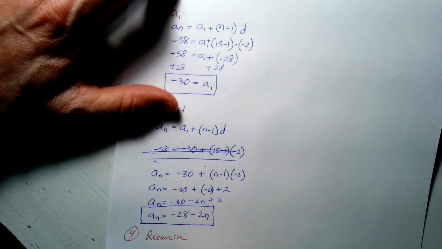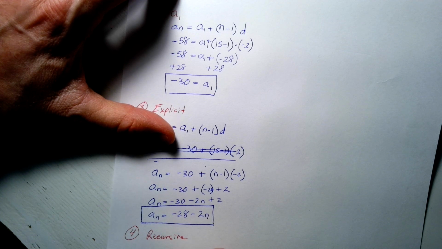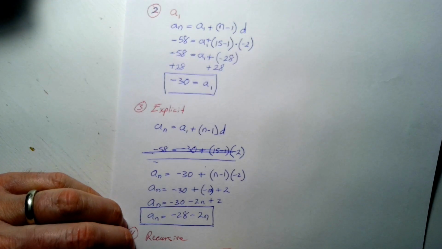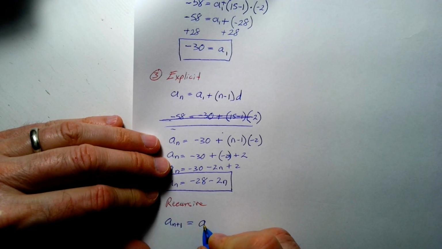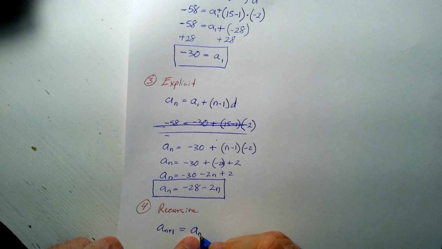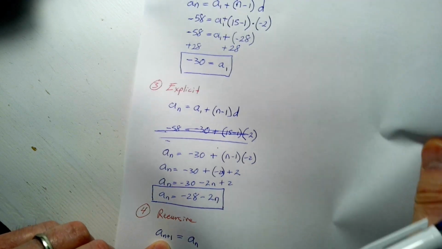So for the recursive, we want to put A n plus 1. Don't get confused about that, it's just the next one. Anywhere in the sequence is A n, and A n plus 1 would be the next one in the sequence.